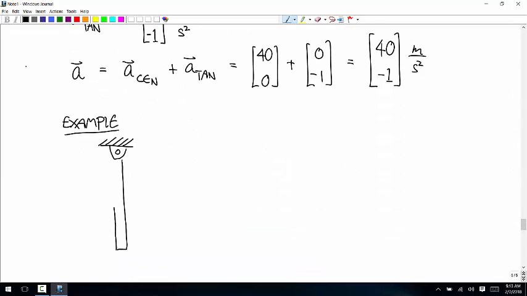Okay, so let's say there's this bar connected to a hinge, and the bar has a length of 0.5 meters.